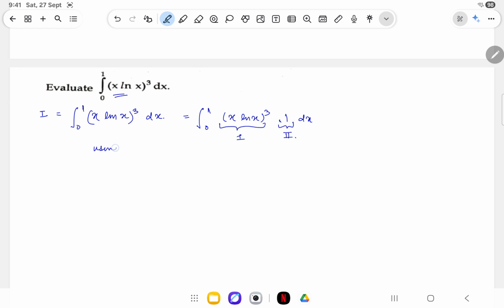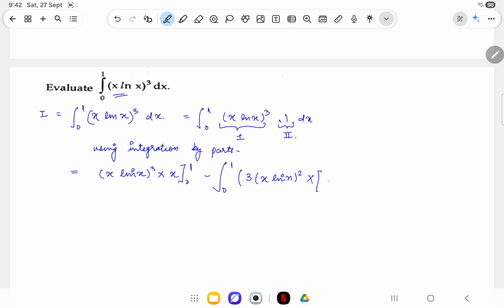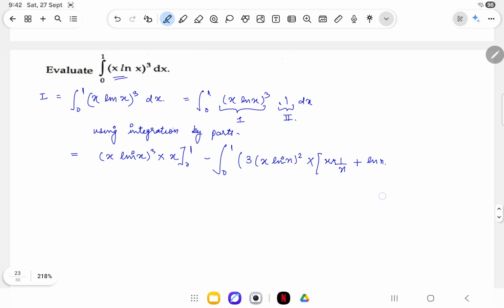So if I use integration by parts here, I'll get my first function same, that is x ln x cube, into the integration of the second function, that is x, from 0 to 1, minus the integration from 0 to 1 of the differentiation of the first function, that will be 3x ln x square into x into 1 by x, plus ln x cube, and into the integration of the second function, that would be x dx.